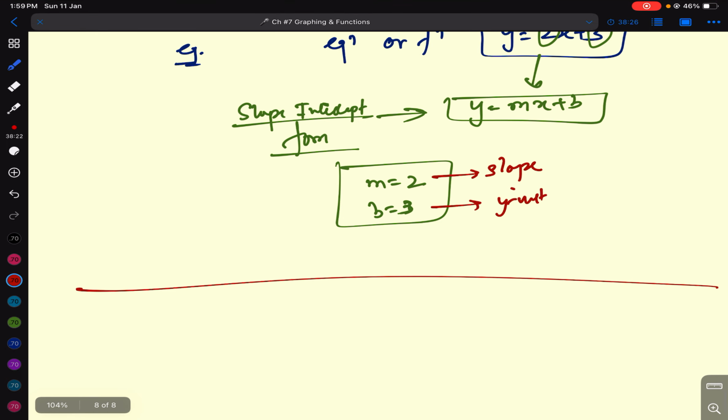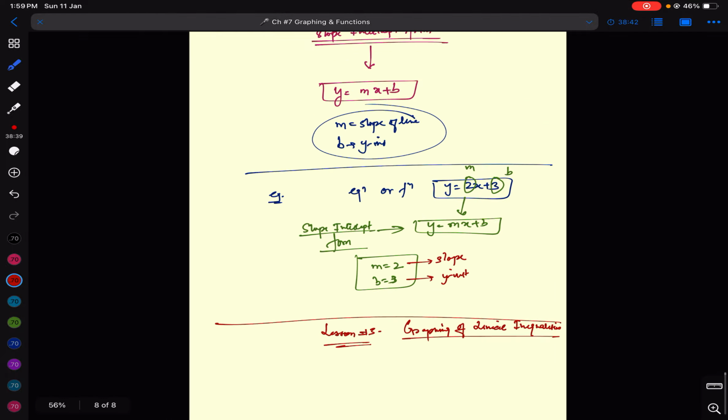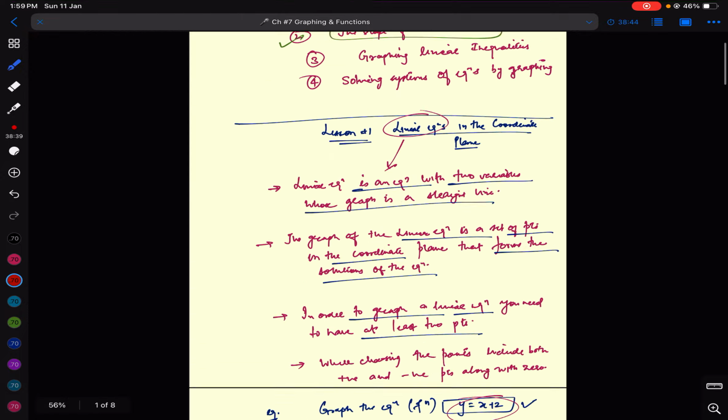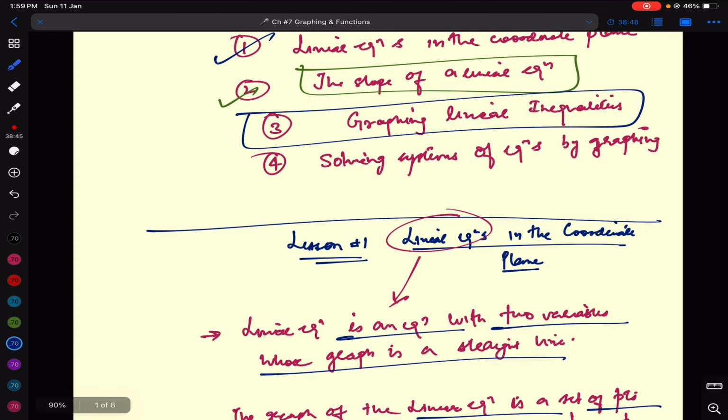Next lesson, which is your lesson number 3, is graphing of linear inequalities. Okay, so if we go to the list, the third lesson here is graphing of linear inequalities.